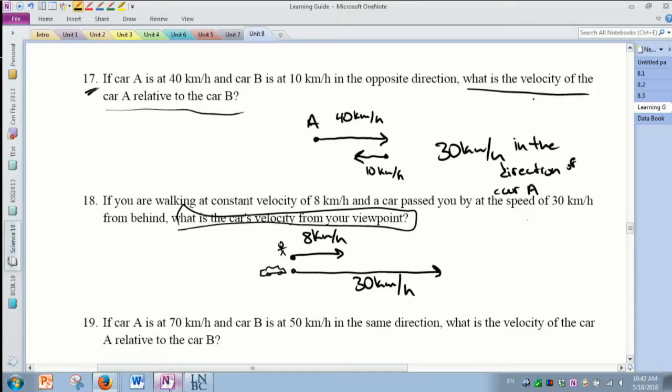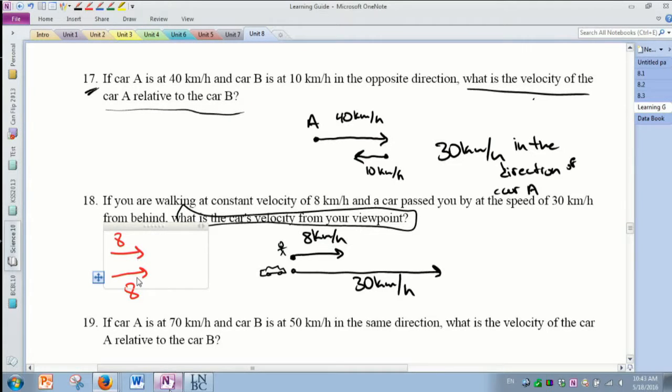So if you're going at 8 and it's going past you at 30, then how fast does it look like it's going? Well, it looks like it's going 22. Think about it this way. If you were walking at 8 and a car was driving beside you at 8, how fast would it look like the car was going? If you were in a big warehouse where the wall was blank, you couldn't see anything.